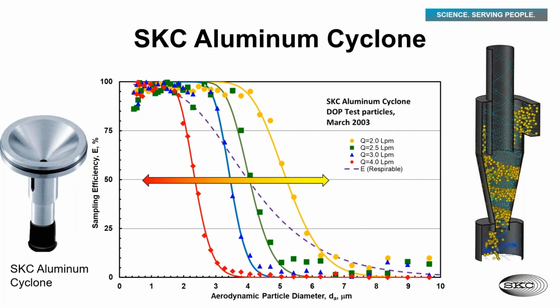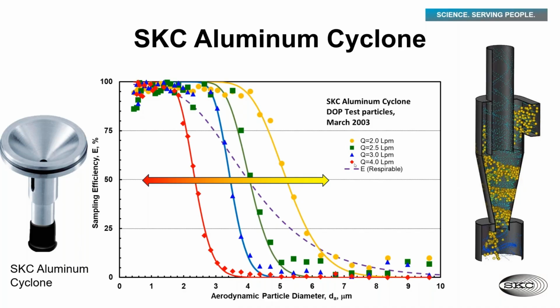On this graph, you see this green line right here. This is our convention where our 50% cut point is at 4 microns. Now let's look at the yellow line, which is this particular cyclone operated at 2 liters a minute. So you're half a liter a minute under sampling. What you're doing is you're shifting your cut point to the right. It's now where your 50% cut point is between 5 and 6 microns.